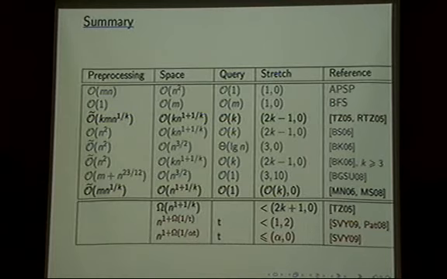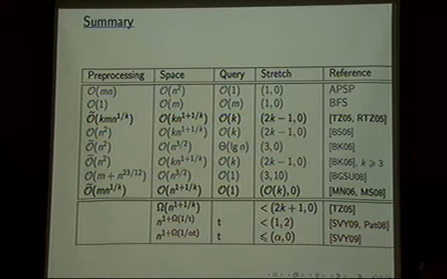So to sum up the first contribution, what we saw was that while Thorup and Zwick proved that for dense graphs we need big distance oracles to achieve anything meaningful, we proved that even for sparse graphs you need a lot of space. And there is an important open question here which I want to ask you.